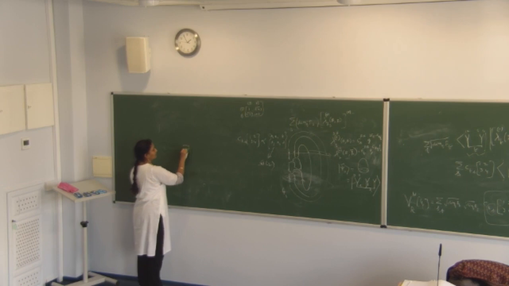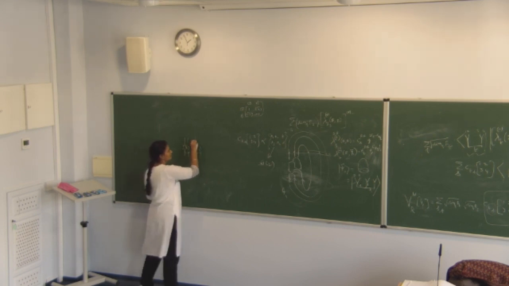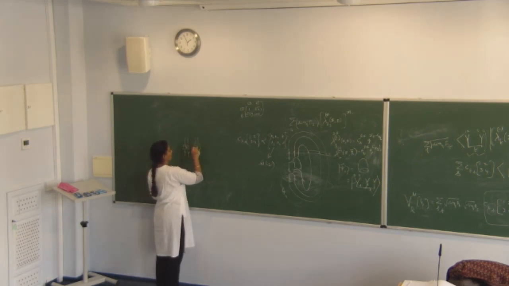You could have an anti-parallel with 3 crossings here. You can have another anti-parallel with 3 crossings here, right? And then you can close it.